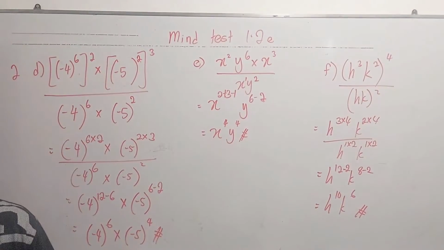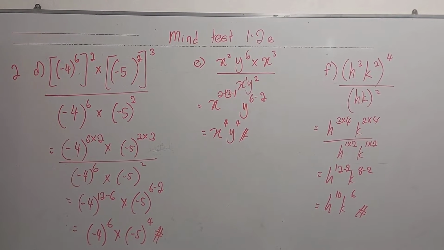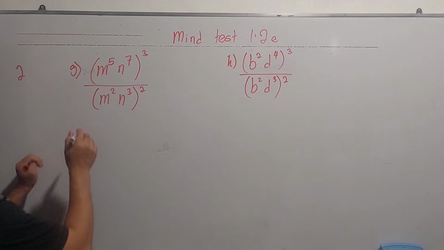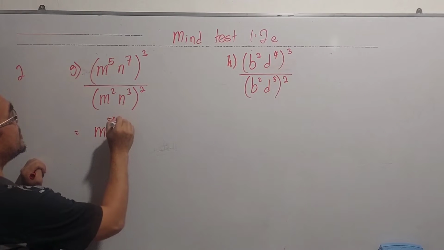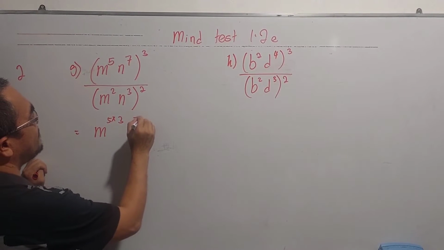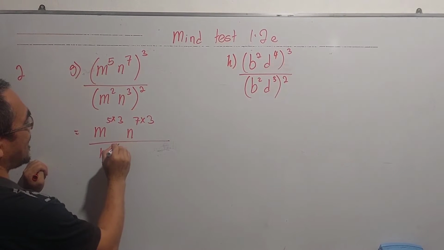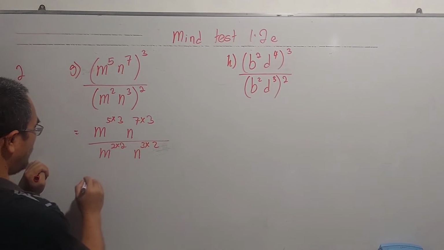Any question? Okay, and the last two for question number 2. So we say M 5 times 3, N 7 times 3, M 2 times 2, and N 3 times 2.